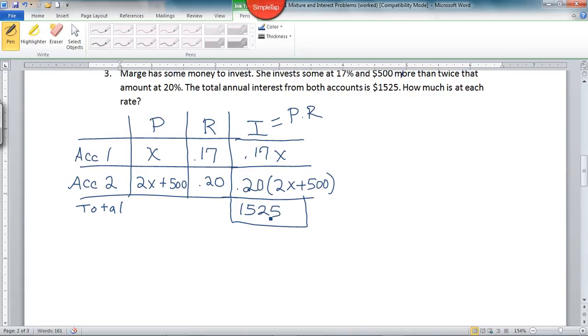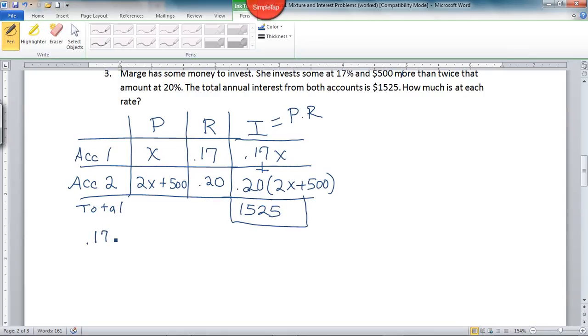How do I use that? Well, total interest means the total from account 1 interest plus account 2 interest. So I'm going to add the 2 interest expressions together, and that's going to total $15.25. So let's write that here.